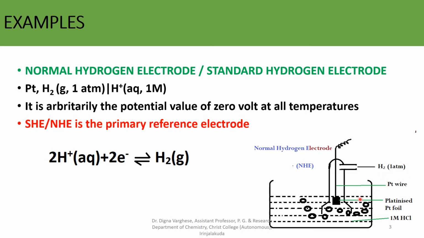It is a tedious job. Hence, several other electrodes have been devised and their potentials determined accurately relative to the standard hydrogen electrode, so that they can conveniently be used for the determination of unknown electrode potential. Such types of electrodes are known as secondary electrodes, which we will discuss later.